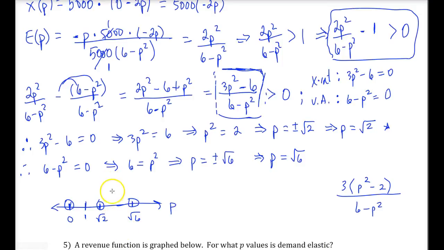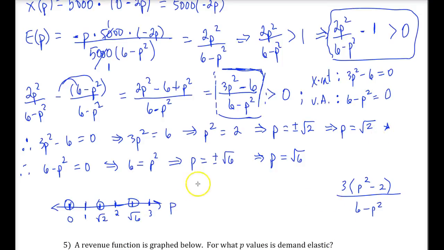So I will use another test value here, 2. And of course, we can do 3 here. So we'll just use those 3 test values.